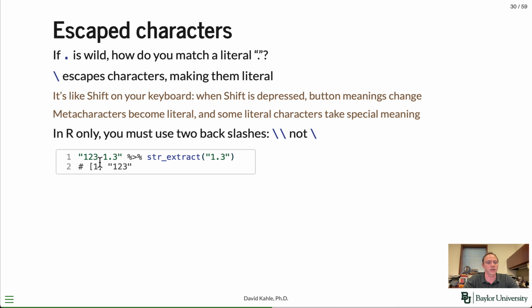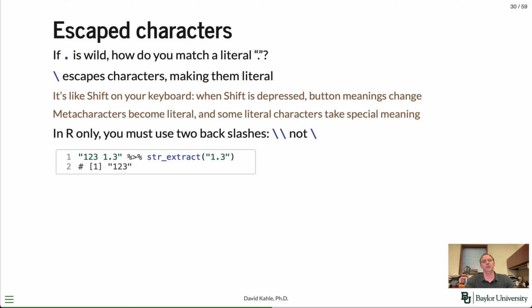1, 2, 3 space 1 period 3. Okay, 1, 2, 3, 123 space 1.3. Okay, str_extract_all 1.3. Notice that it pulls out the 1, 2, 3, the 123. That's because the period is matching any character, and a 2, of course, is a character. So it's pulling out the 1, 2, 3, 123. What if you wanted it to pull out the 1.3? To do that, you would need to express the period as a literal character.